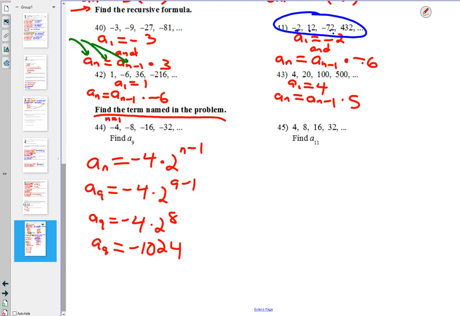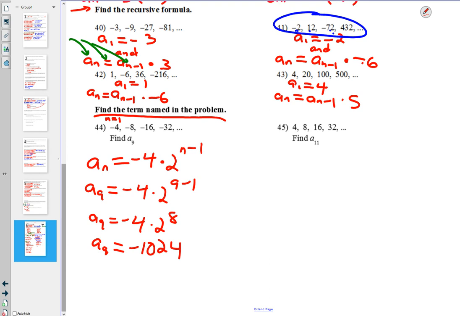Here, let's do this. Why don't you guys find the 11th number? You haven't done it yet. Raise your hand when you get it. You got it already, Decay? What'd you get?